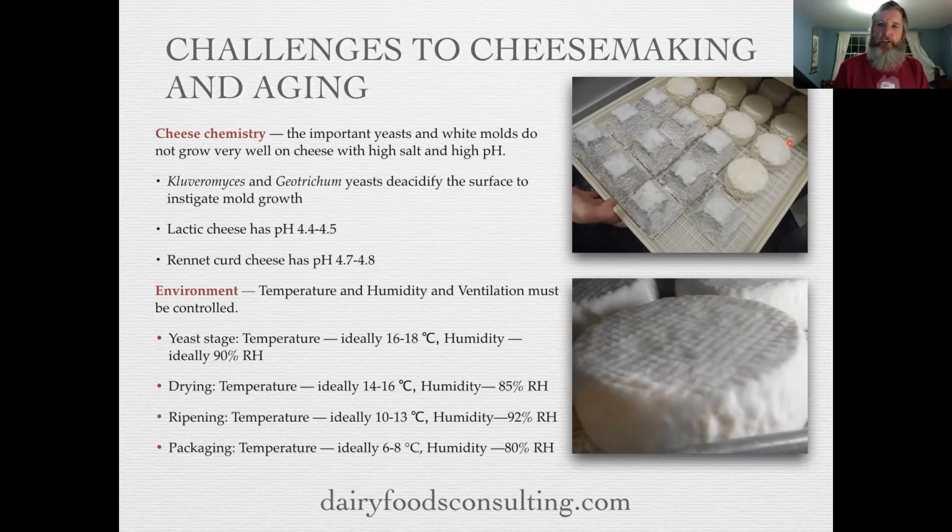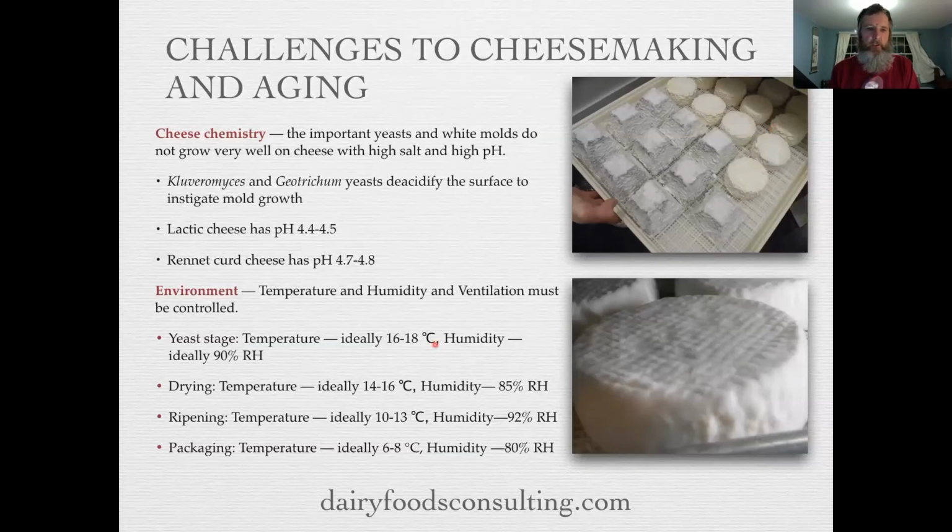Here we have the lactic type cheeses, and here we have more of a rennet curd type Camembert. We want to get the yeast growing in early to deacidify the surface so the Penicillium candidum can grow, or not. Here we have just a Geotrichum type rind cheese where we didn't even use Penicillium candidum as a culture.